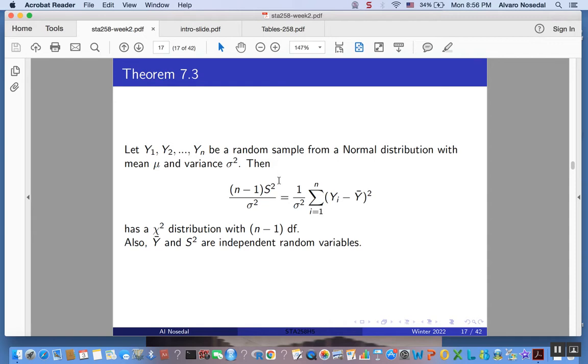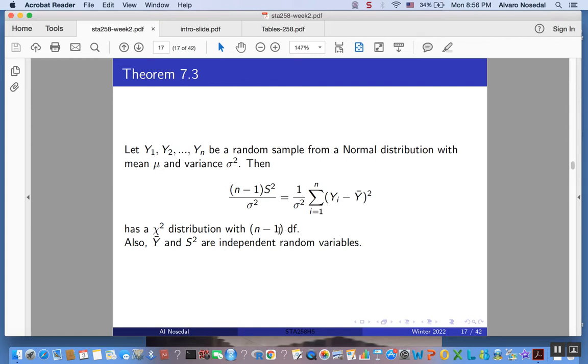Now S squared represents the sample variance, meaning the sum of yi minus y bar squared divided by n minus 1. What we are going to show is that n minus 1 times S squared divided by sigma squared has a chi-square distribution with n minus 1 degrees of freedom.